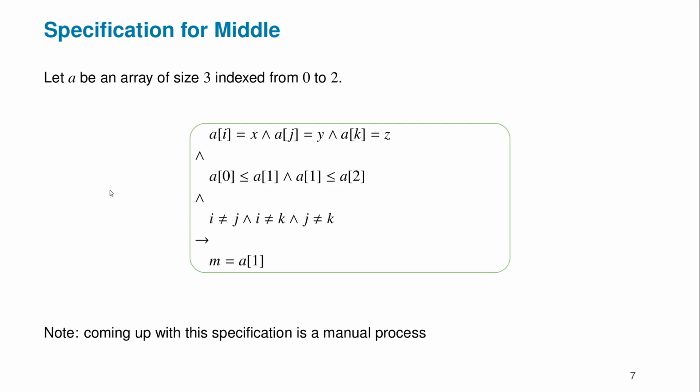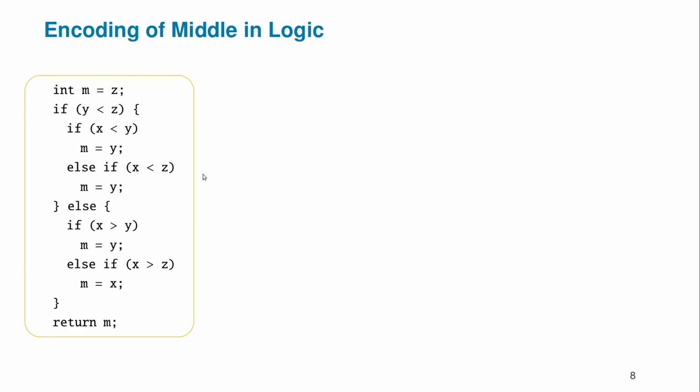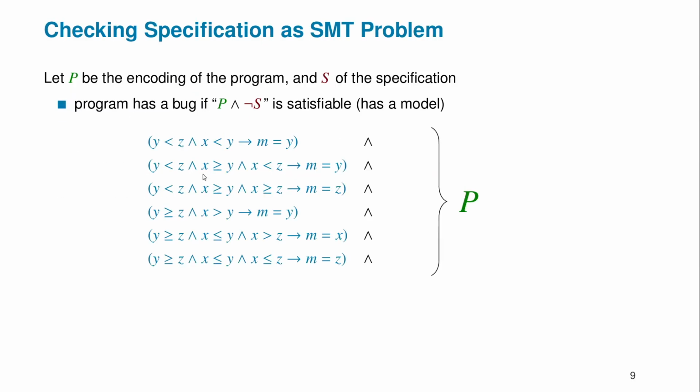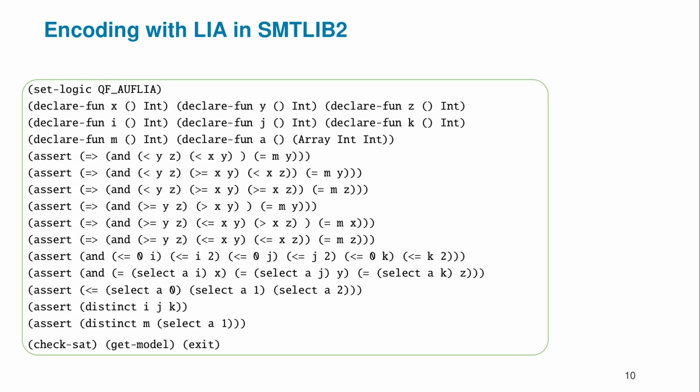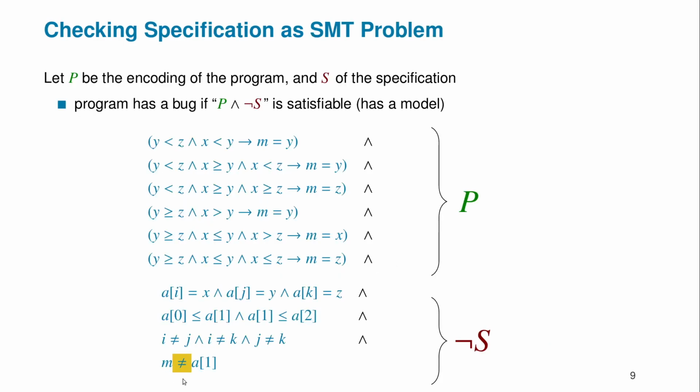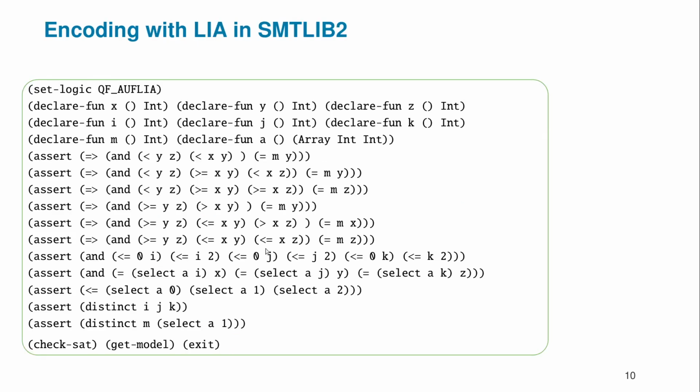So if we have A implies B, then this is the same as not A or B, and when we negate not A or B, then we get A and not B, and therefore we have only the negation here, and we have m is different to a1. And this we can now translate into SMT-LIB format, and we get this formula we have here.